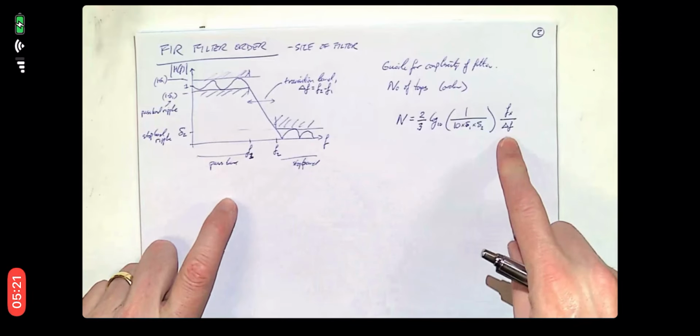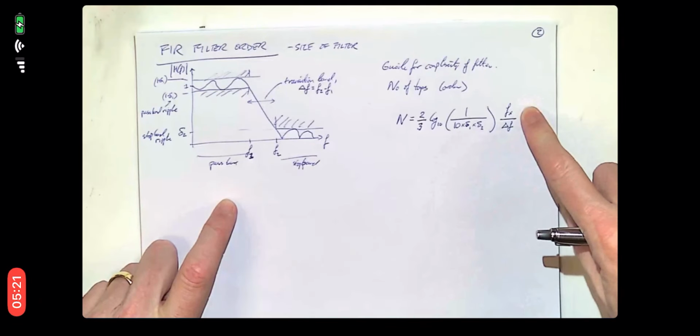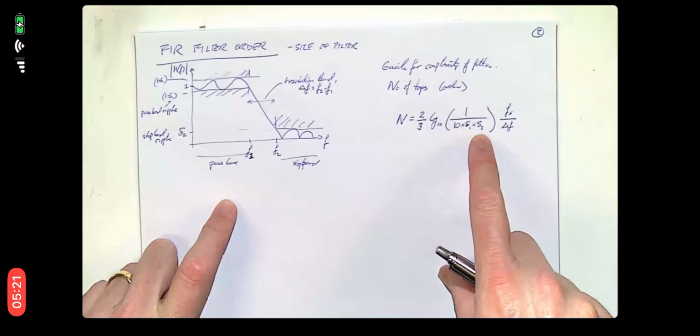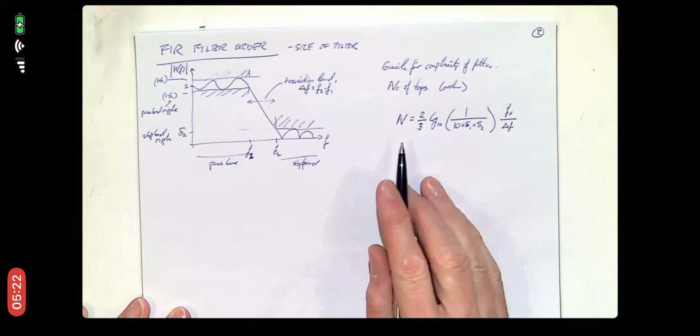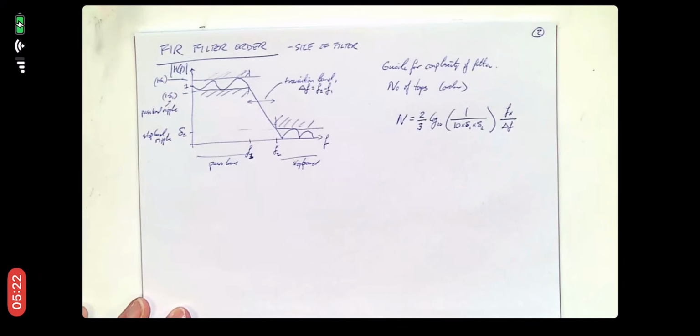So increase the transition band, reduce the sampling frequency, and increase these ripples. So make the ripples as large as possible. That also makes it easier to design the filter. So this is an approximation, but it's one that we'll be using for the work going forward.